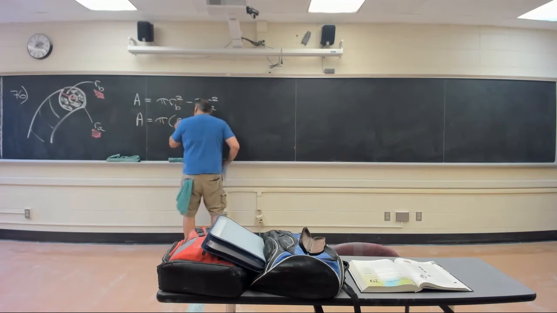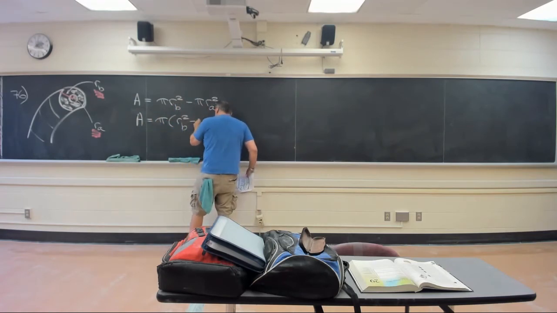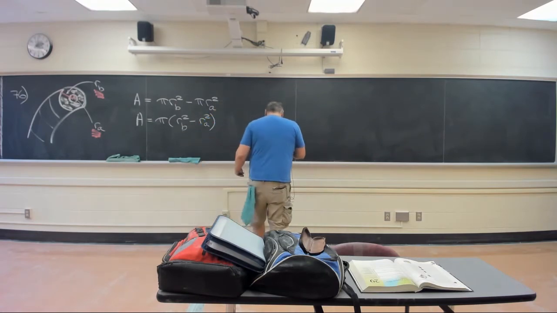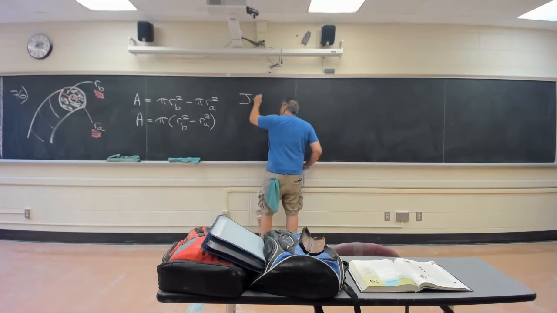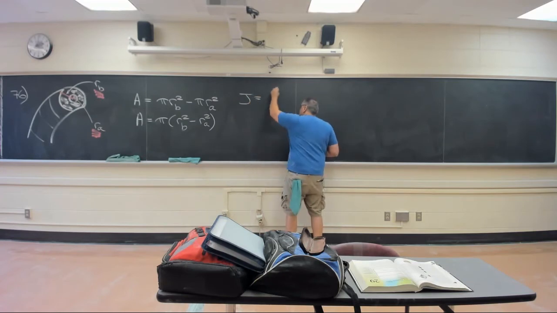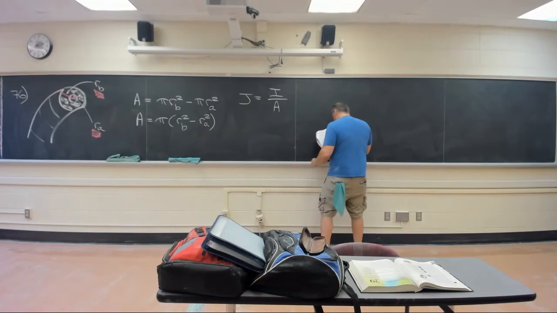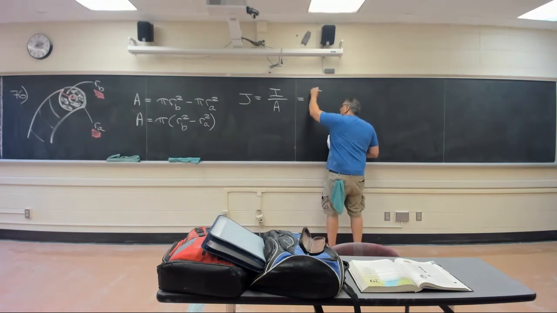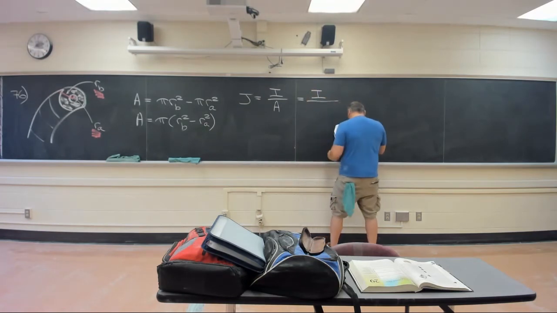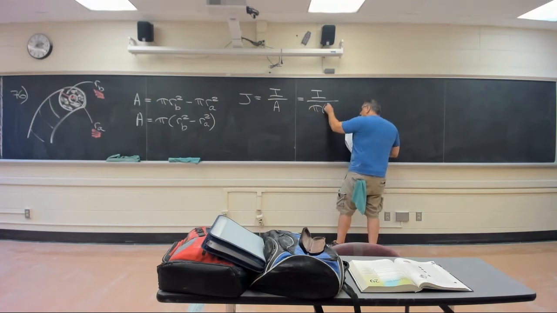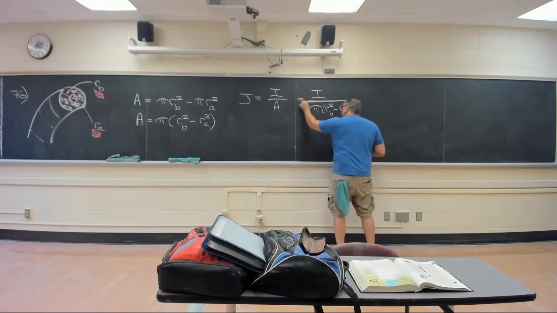The rest is pretty straightforward, you guys. I mean, you've got that. J is I over A, is I over pi r sub B squared minus pi r sub A squared, and that's the end of the story, I think. I mean, that's as simple as that when they write this.